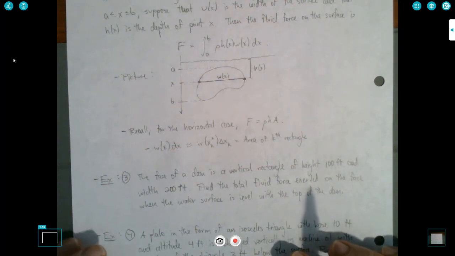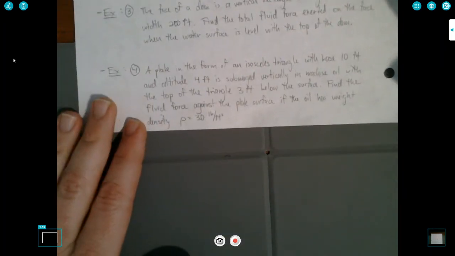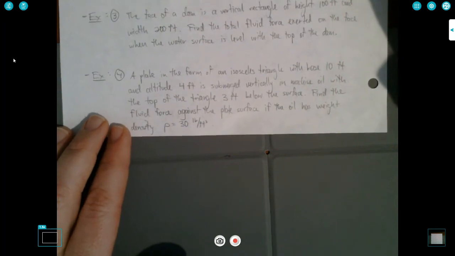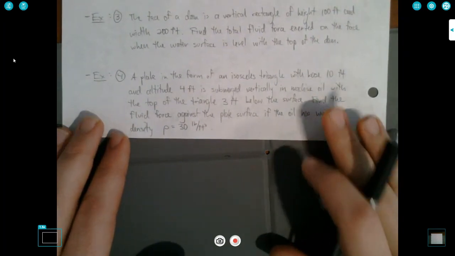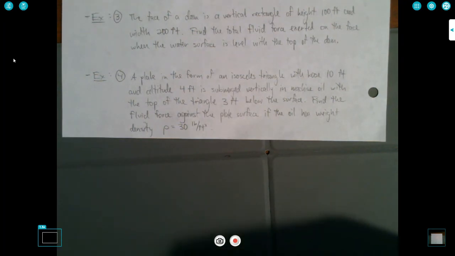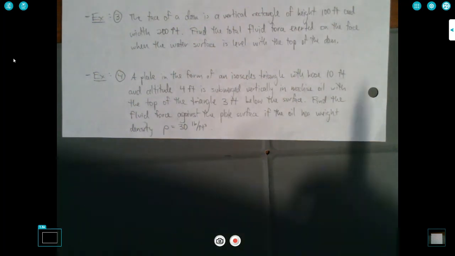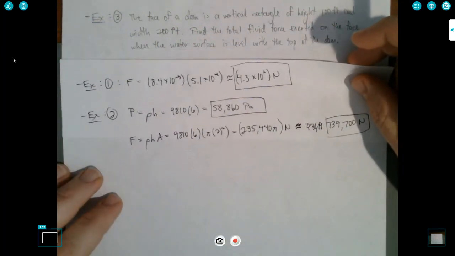So let's take a look at a couple examples. So example 3 says, the face of a dam is a vertical rectangle of height 100 feet and width 200 feet. Find the total fluid force exerted on the face when the water surface is level with the top of the dam. Okay, so let's do this.